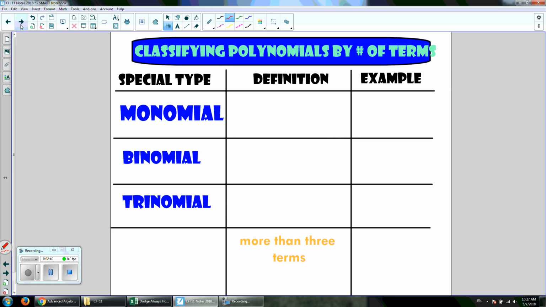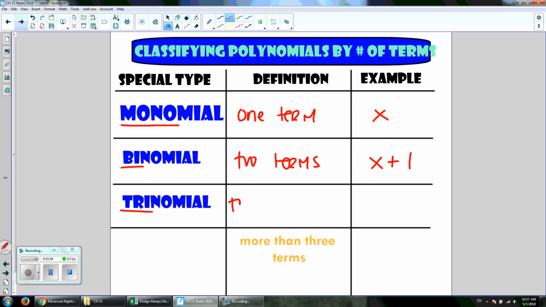I can also classify by the number of terms I have. So monomial means we only have one term, like x. Binomial means 2 terms. So how about x plus 1? Trinomial, you guessed it, 3 terms.